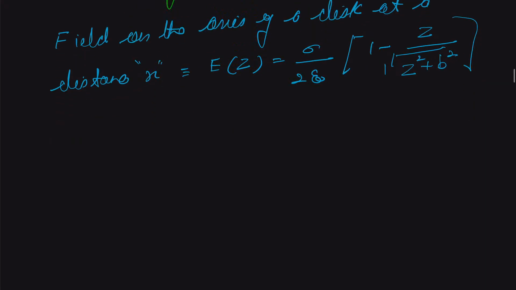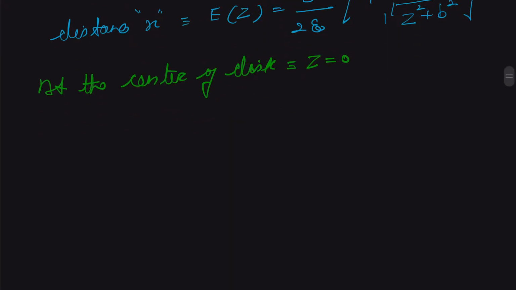And we have to deal with the center of the curvature. Center of curvature means the center of the disk. For that we can easily put z is equal to 0. Okay, so at the center of the disk we have the value of z equal to 0.